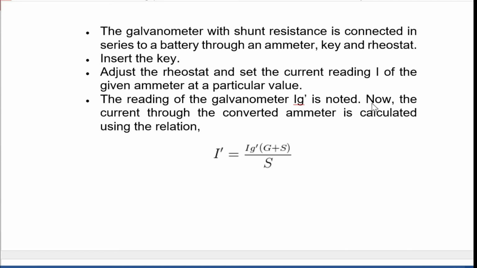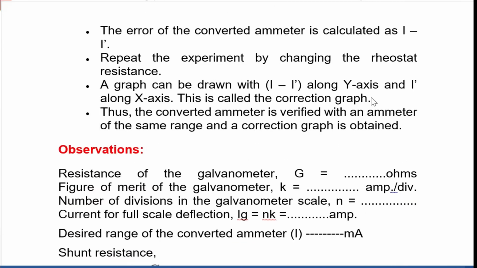Now the current through the converted ammeter is calculated using the relation I dash is equal to Ig (G plus S) by S. The error of the converted ammeter is calculated as I minus I dash.